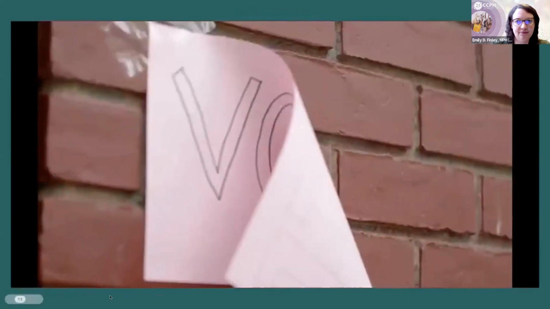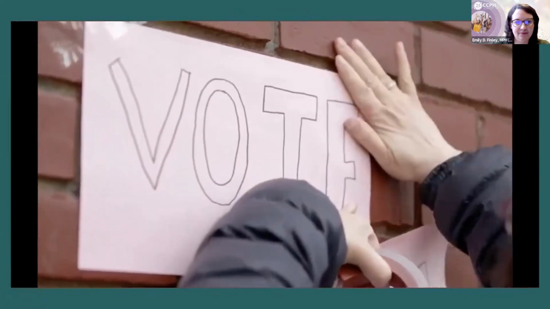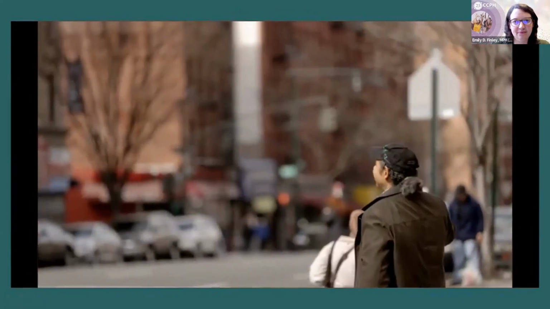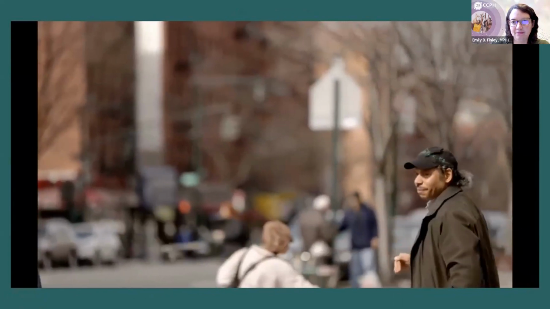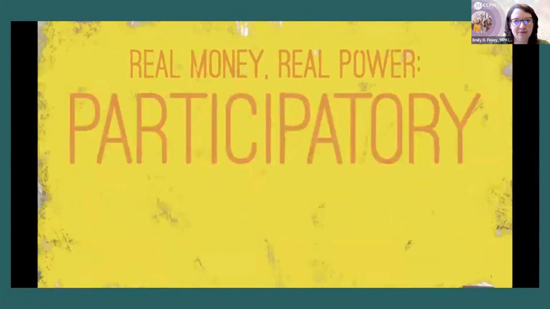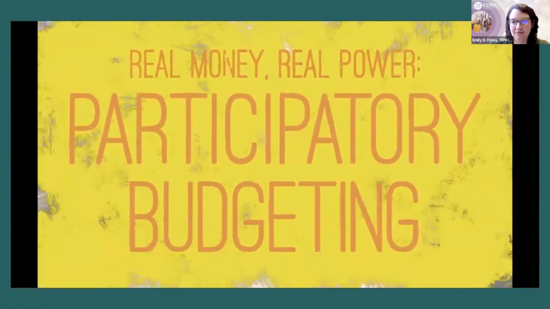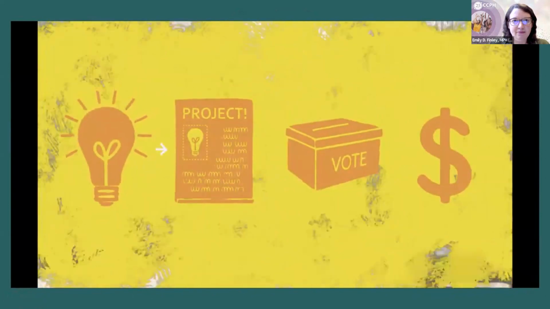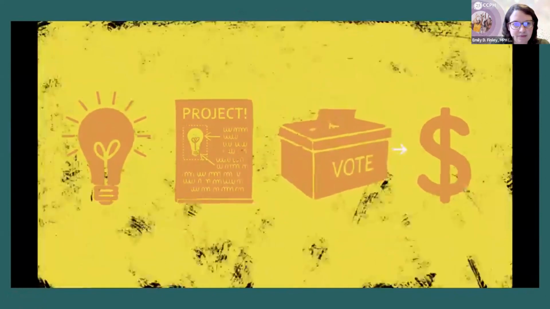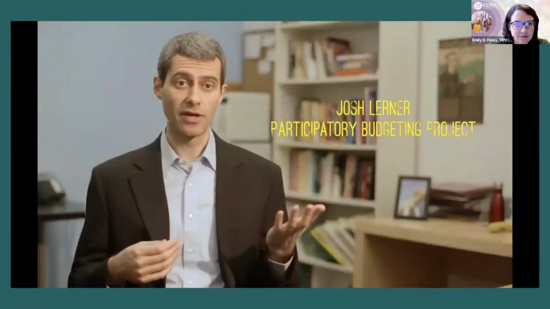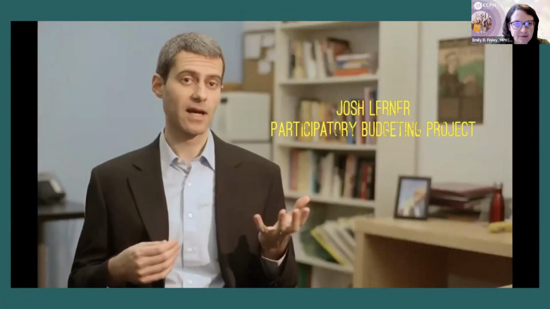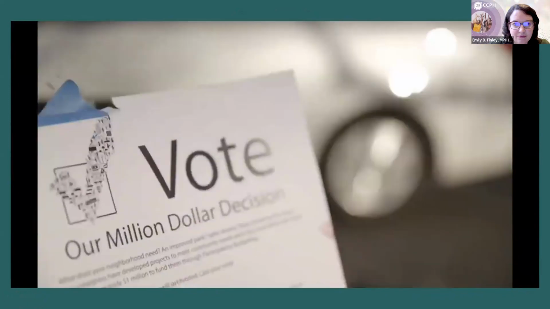If you live in this community and you pay taxes, come out and vote, decide how your tax dollars get spent. Participatory budgeting gives people real power over real money to make the decisions that affect their lives. It's a democratic process in which ordinary community members directly decide how to spend part of the public budget.